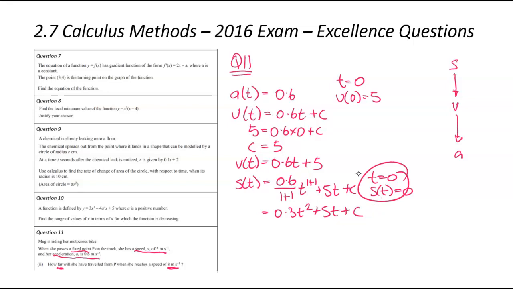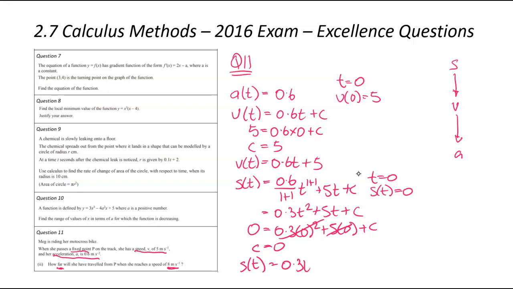So 0 is going to be equal to 0.3 times 0 squared plus 5 times 0 plus c. All of the zeros are gone, which means c is equal to 0. And that gives us a displacement formula of 0.3t squared plus 5t. Just noting this 0, 0 in terms of the displacement is actually a really common feature that comes up in our exams. Good thing to remember.